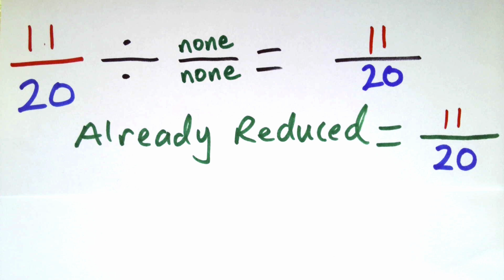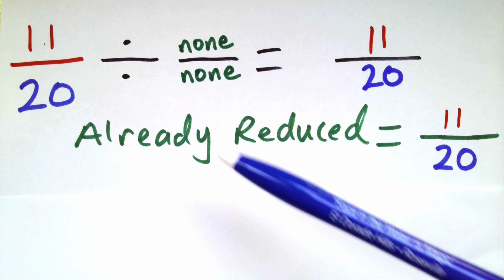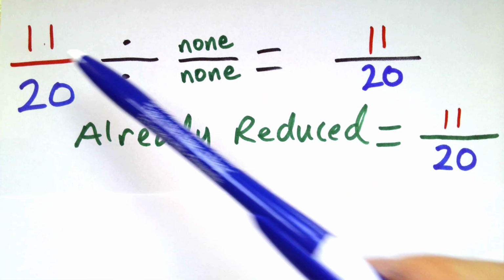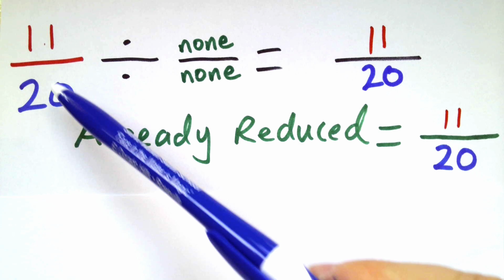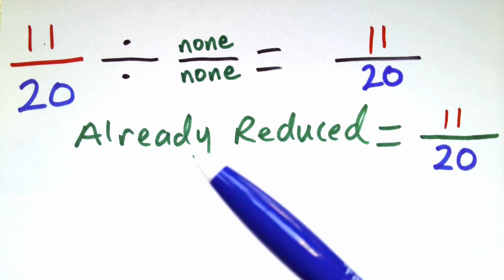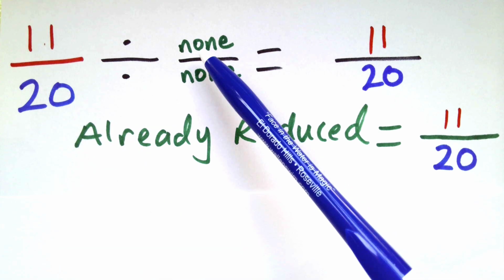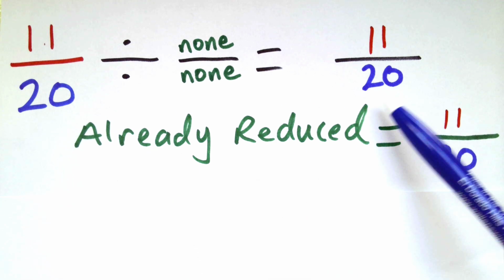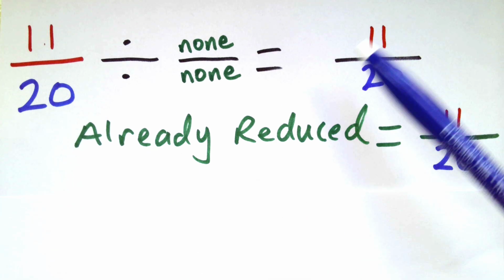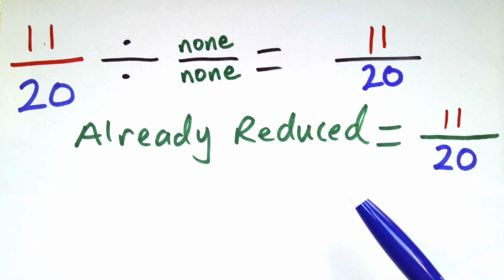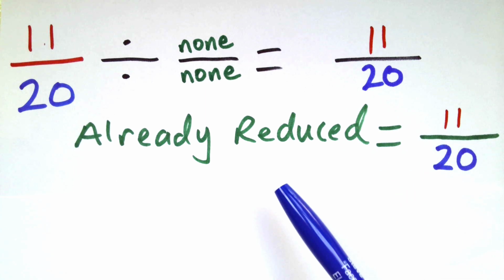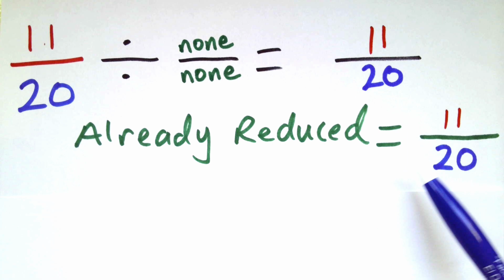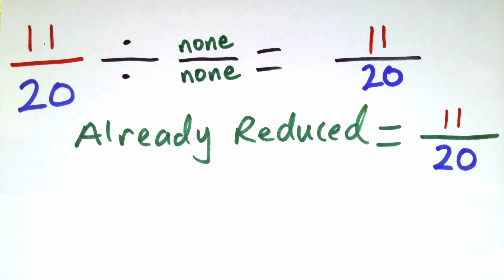I cannot trick you a second time. There are no numbers that can be divided into top and bottom evenly to reduce this fraction other than 1. If you divide by 1, 11 stays 11 and 20 stays 20. The fraction cannot be reduced. It's already in reduced or simplified form. So the answer would be 11 twentieths.